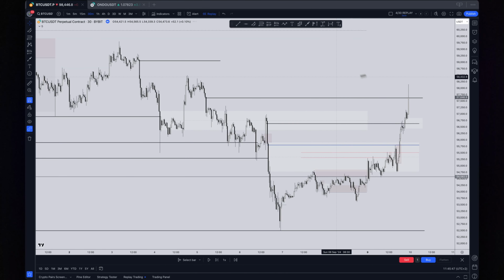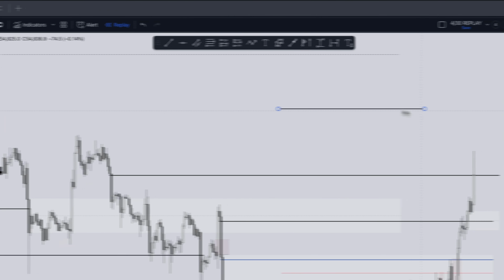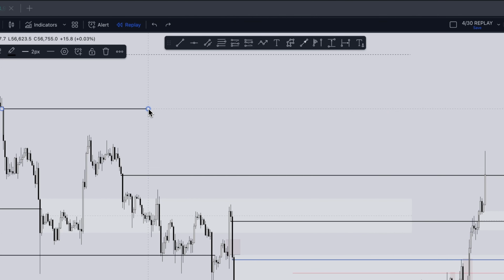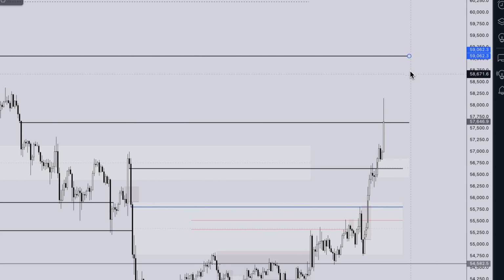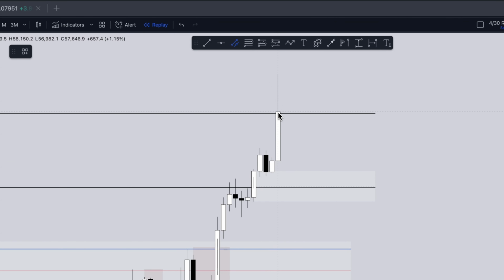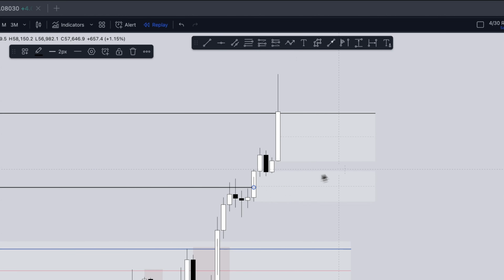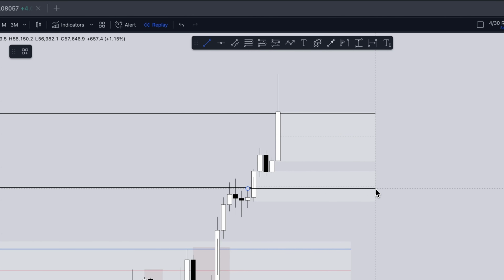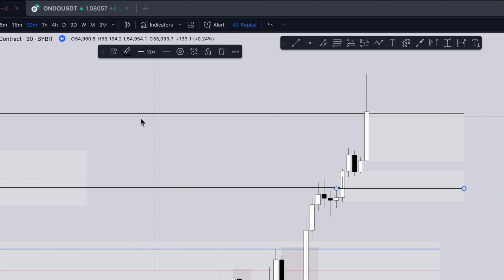And we closed through as well, which tells us this has been filled, so we're going to go here. And then I'm going to keep that marked as well, because that's ideally where we take a trade from.